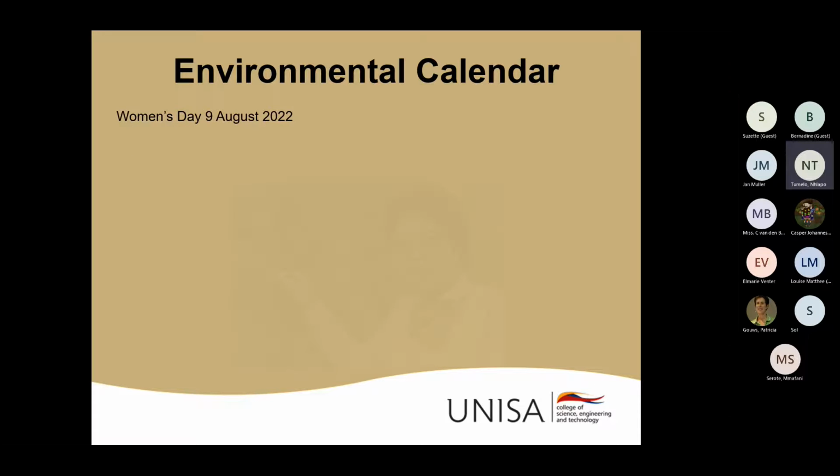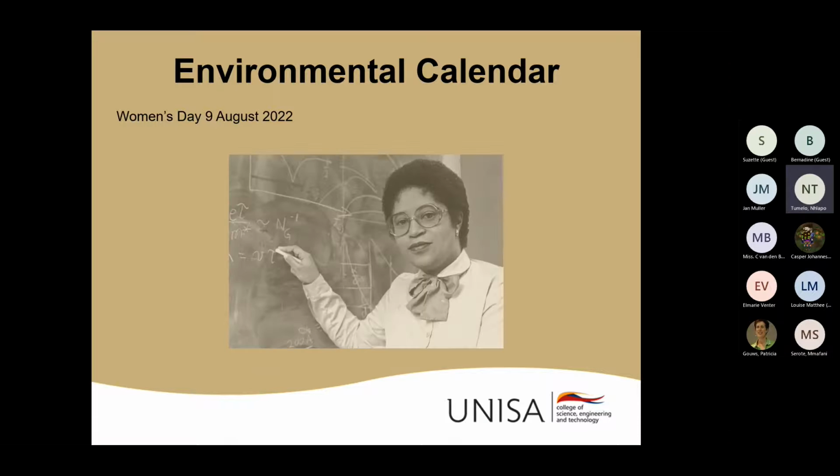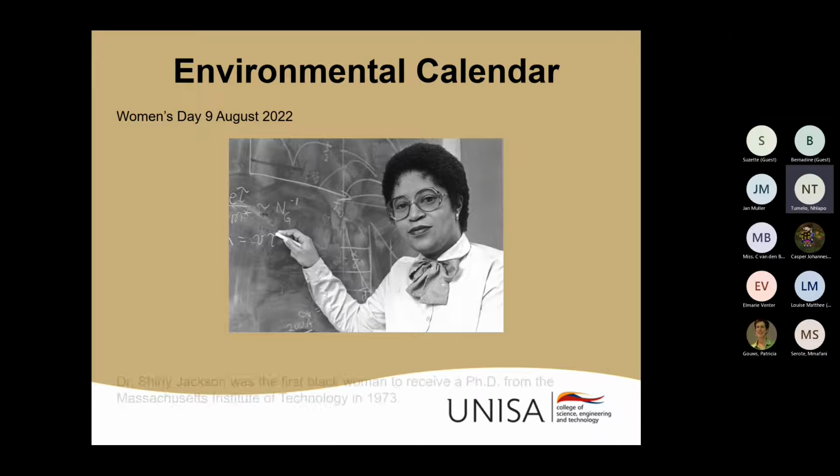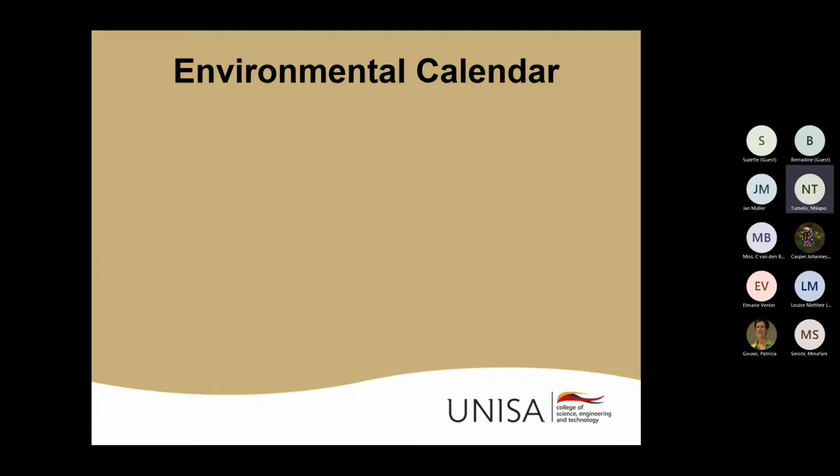And then on the 9th of August, it was World Women's Day. Once again, we are still in Women's Month. Happy Women's Month to all our ladies. Just some interesting facts. Dr. Jackson was the first Black woman to receive a PhD from MIT, in 1973.